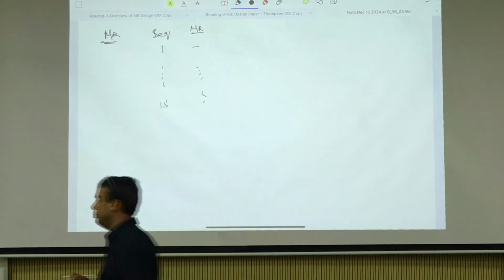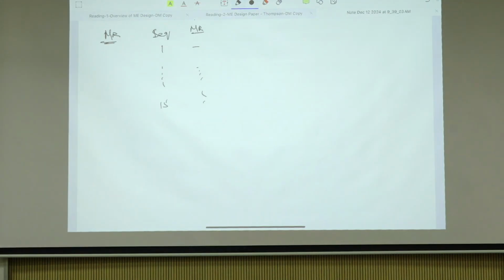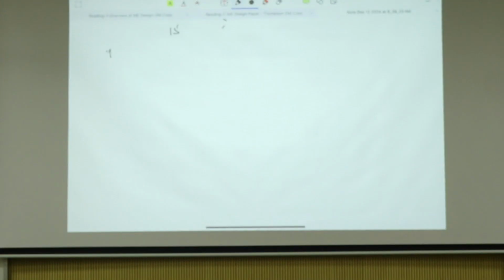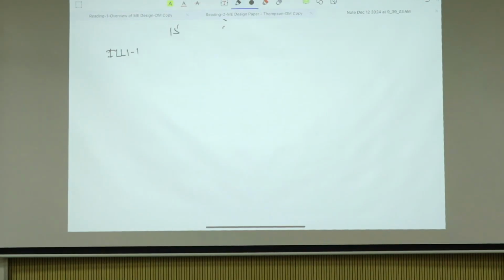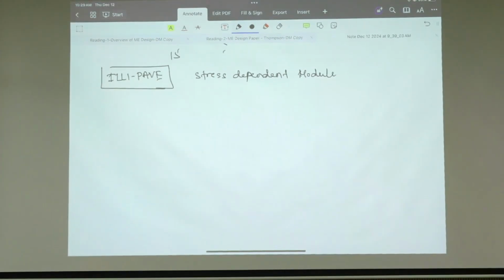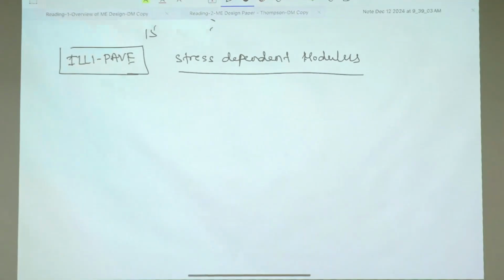Let us assume that you have access to a software like PAVE. It is stress dependent modulus. Either today or tomorrow I'll show you the software, how it works and everything.